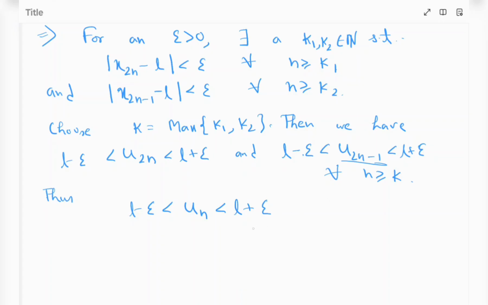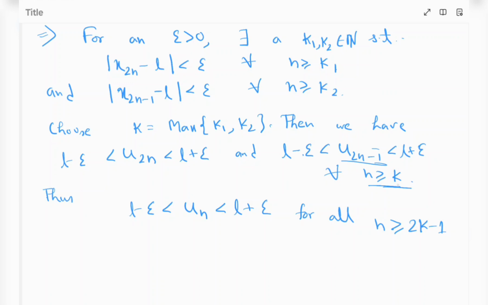But what should be the range of n? Whenever n is greater than or equal to k, from there you get 2n is greater than or equal to 2k, and for the other one you have 2n minus 1, that will be 2k minus 1, right? So combining these two, this is valid for all n greater than or equal to 2k minus 1. Because what is the range?